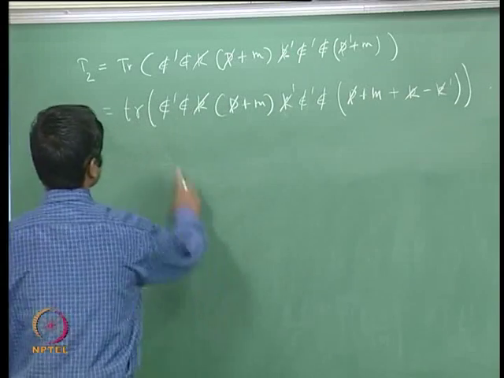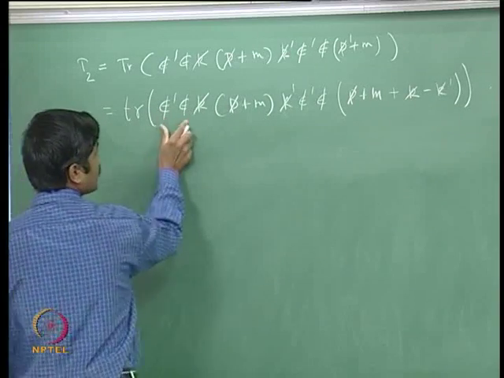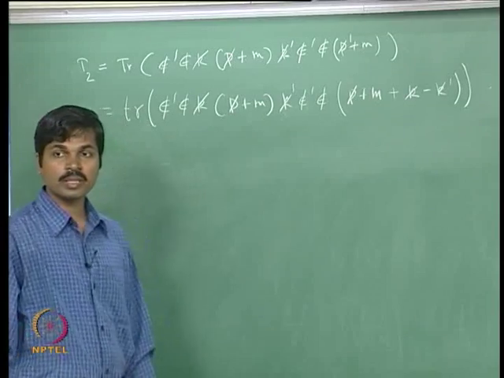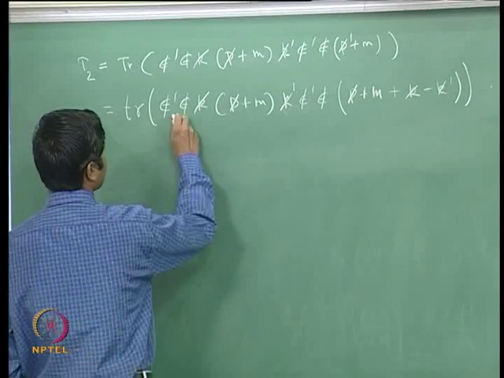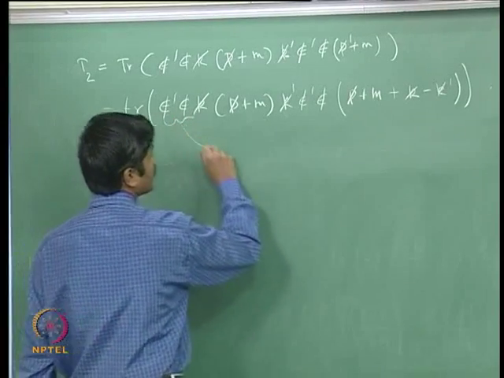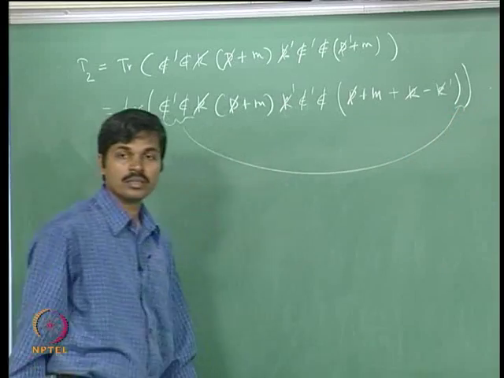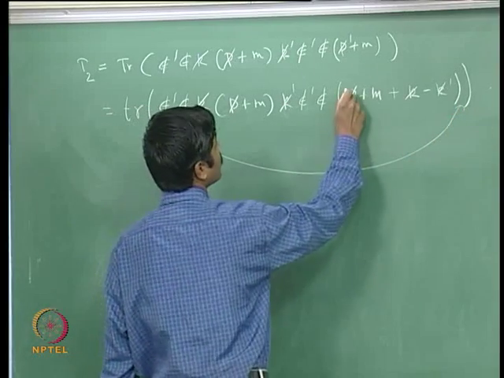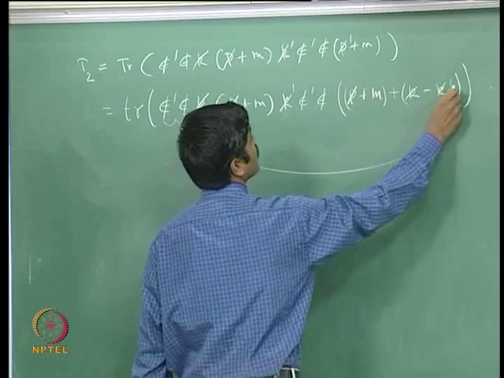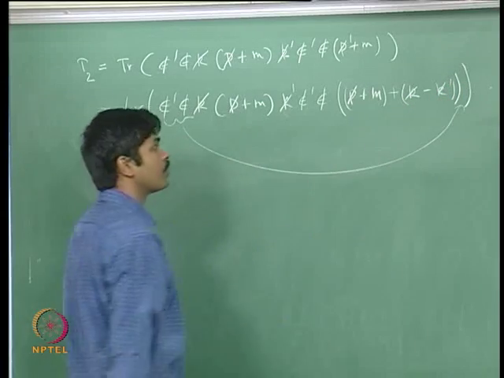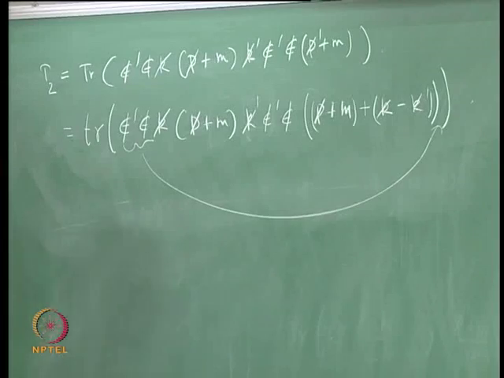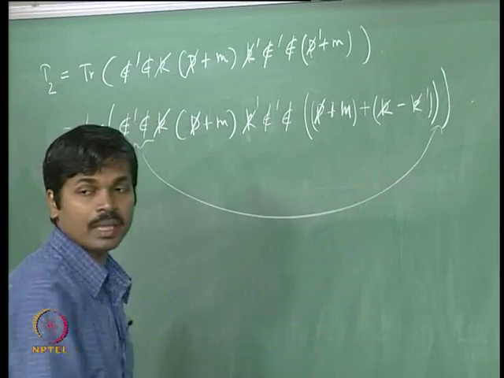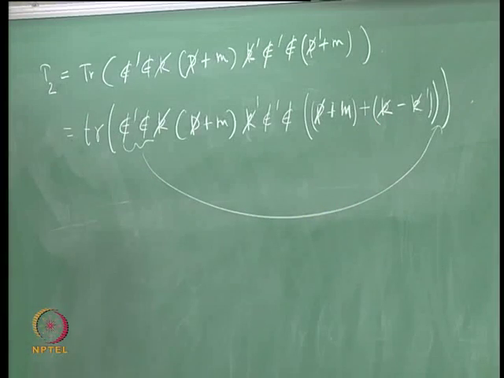Now, what I will do is that I will use the cyclic property of trace, and then I will bring this pair here, and then I will split it into two terms. In one I will just have P slash plus M, and in the other I will have K slash minus K prime slash. So, let us do that.